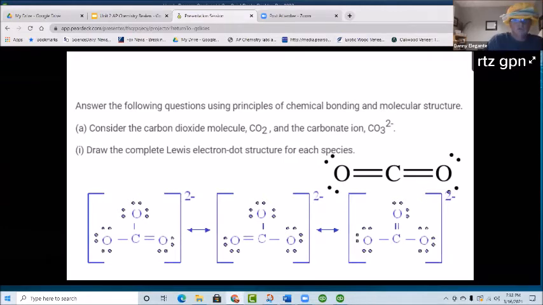So that may be something you want to write down or put in the back of your head: when you're doing a polyatomic ion, it gets brackets around it. The reason why there are three of them is that the double bond doesn't have to be just in one space. It could be on any of those oxygens. So we draw what we call resonance structures.